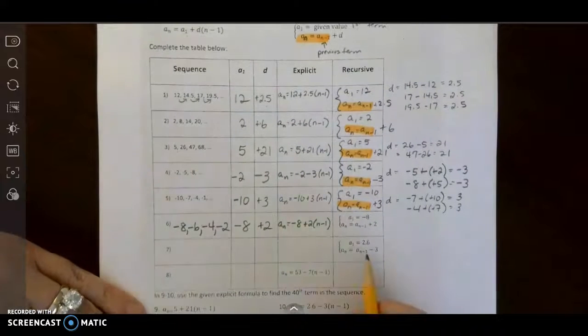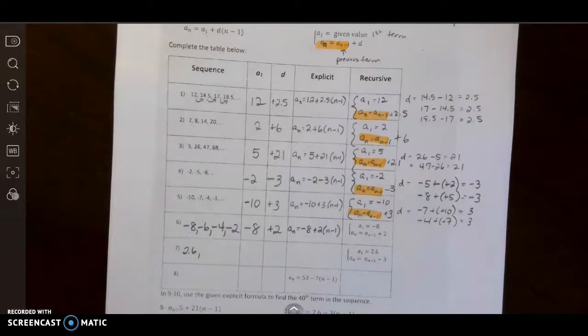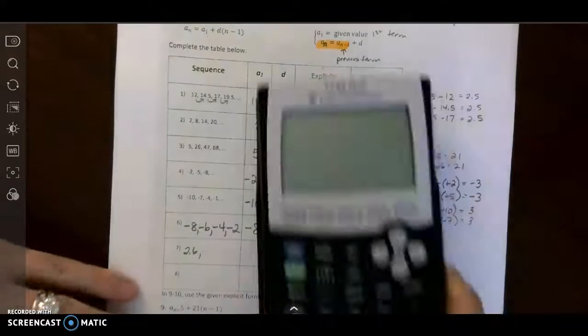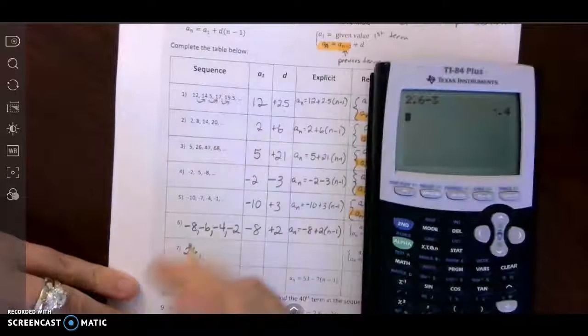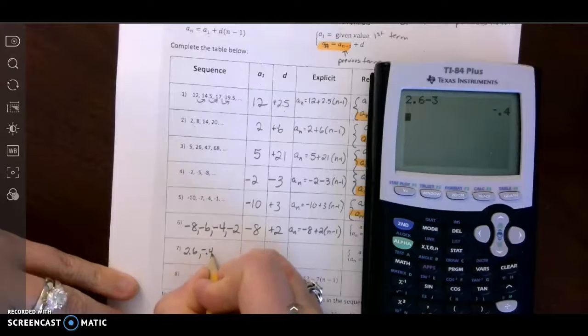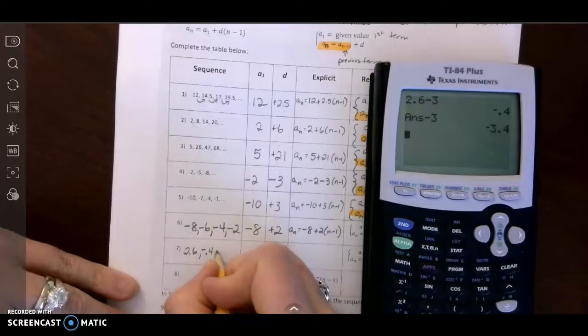Right, number 7. Once again, I've got an instance where I haven't been given the terms. I start at 2.6, and I'm going to subtract 3. If you want to use your calculator for this, you can. 2.6, subtract 3, I get -0.4. I'm going to subtract 3, and I get -3.4.